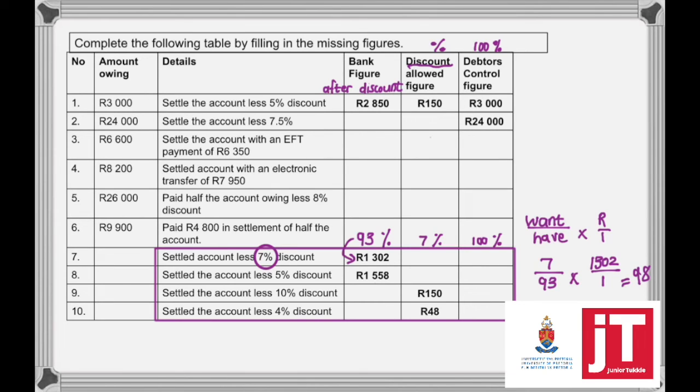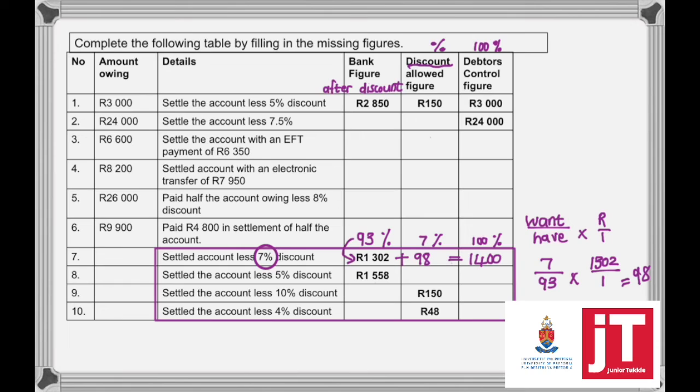I need 100% and I need 7%. So if I first want to calculate the 7, you say what I want over what I have times the Rand value over 1. So 7% that I want to calculate, divided by 93 that I have, times the Rand value of 1,302 Rand gives me 98 Rand discount. And then I add it and I get the total owed of 1,400 Rand.